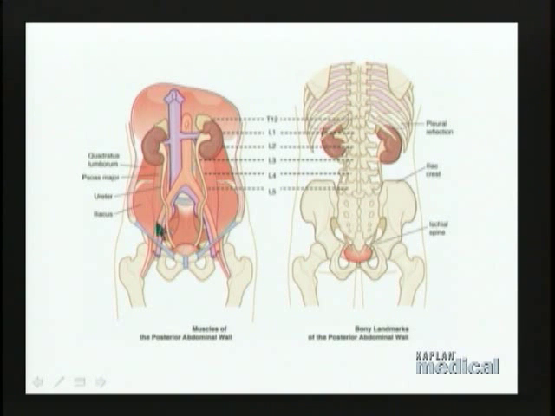So by feeling for the pulsations of first the external iliac, feeling the convergence with the internal iliac, we'll know that the ureter is behind the peritoneum right at that point, even though you may not be able to see it. And then now that you know that, you can make an incision a little bit away from that, an incision through the parietal peritoneum, locate the ureter, mobilize it, and move it out of the field in which you are working to protect the ureter. So that's a very important point.